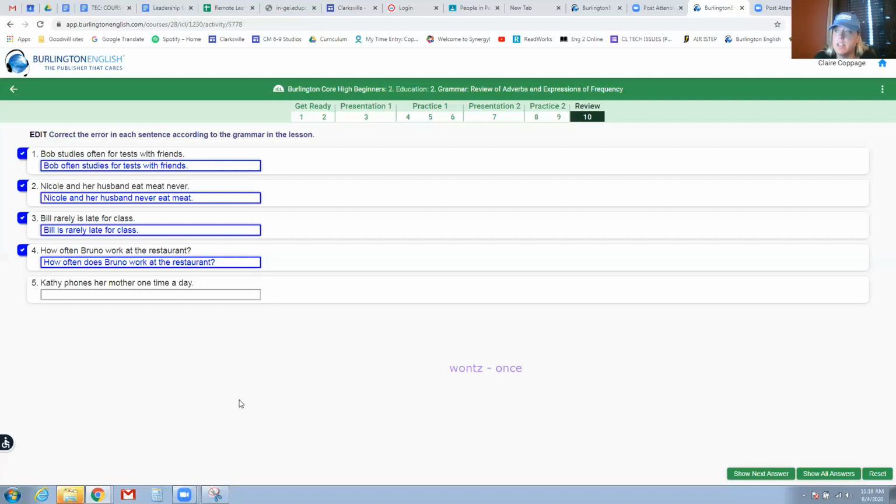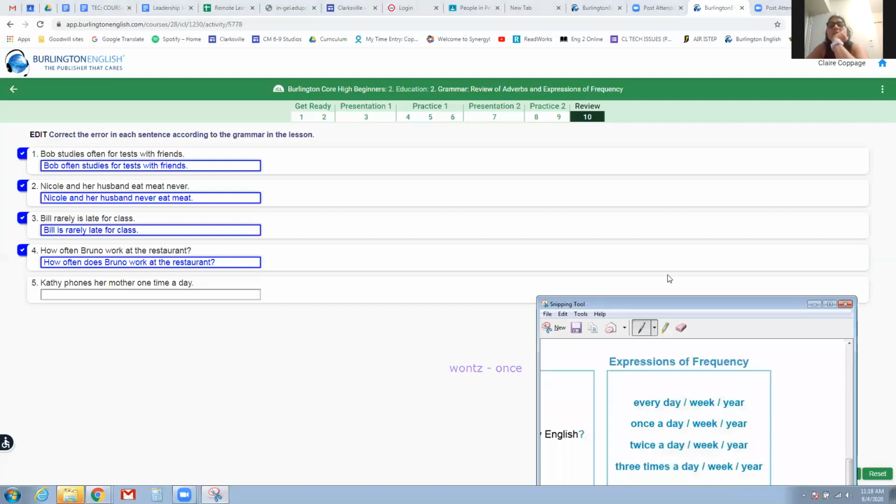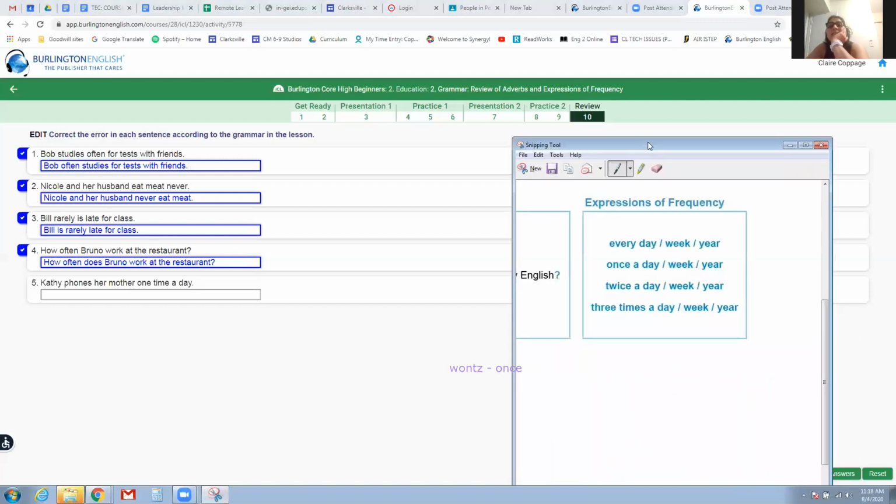Está bien al final, pero es que no decimos one time. Hay otra palabra que significa una vez. Once. Y no dice time, es times.